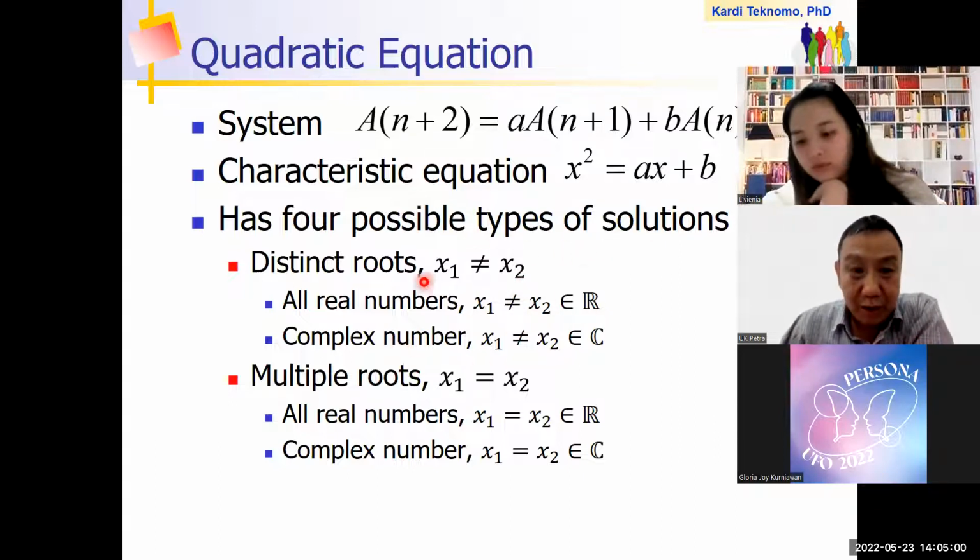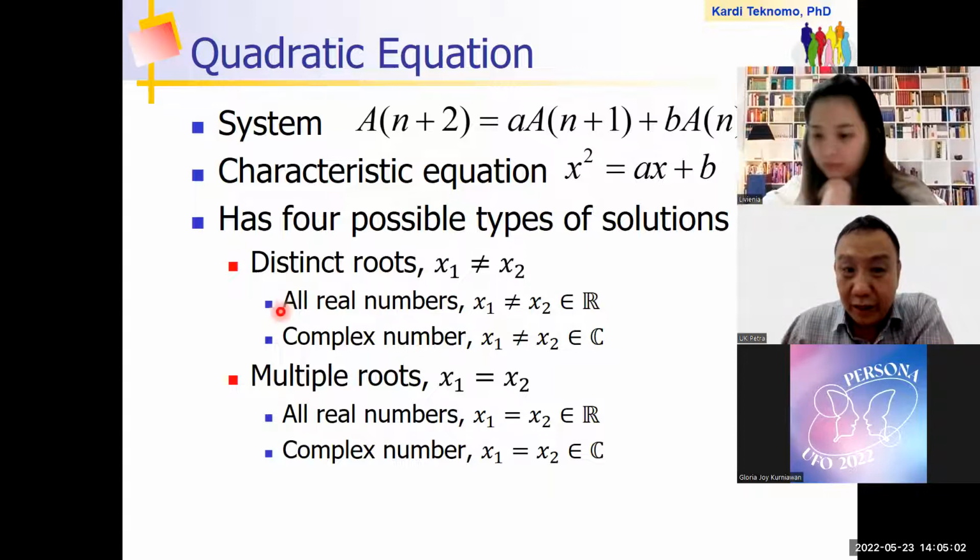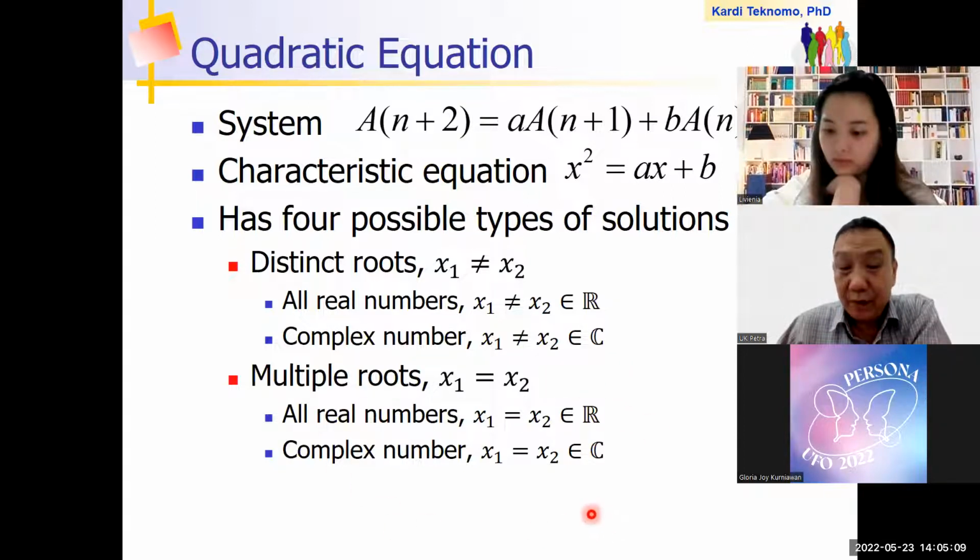We already discussed distinct roots, whether they are real or complex. Now let's discuss multiple roots. The complex and real cases are the same, the difference being that this always oscillates only. But what happens if you have multiple roots? I will show you.